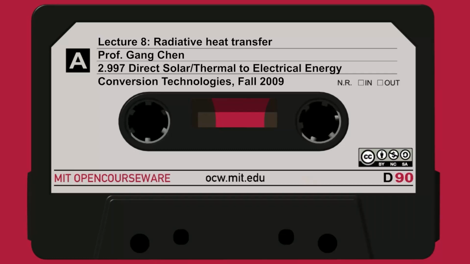Okay. We just want to go through the concept, and then you can also say in each direction you integrate the whole spectrum. So we call that total. Total means all the wavelengths. Hemispherical means all the angles.